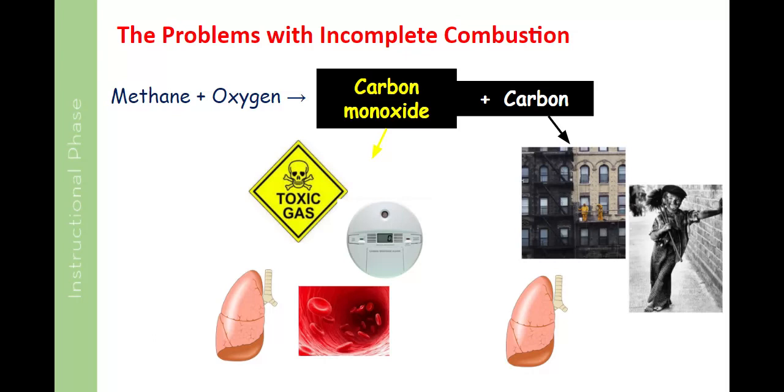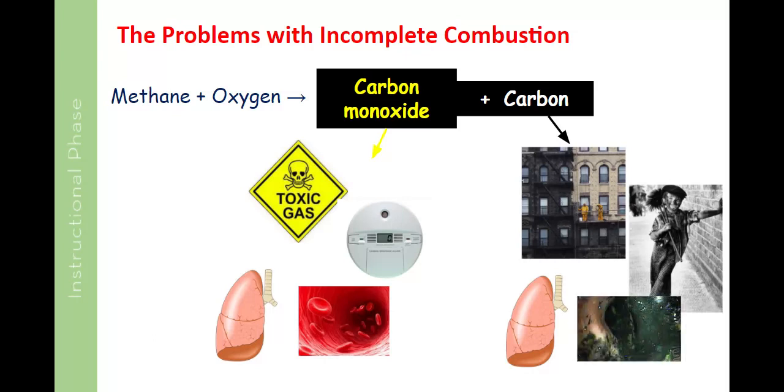Now, lots of young children inhaled the carbon particles, and over a long period of time, when you inhale the carbon particles, they can build up inside of your lungs, and this causes breathing difficulties. It can cause lung disease, and it can cause respiratory problems. And lots of young children did die from respiratory problems caused by inhaling carbon particles.